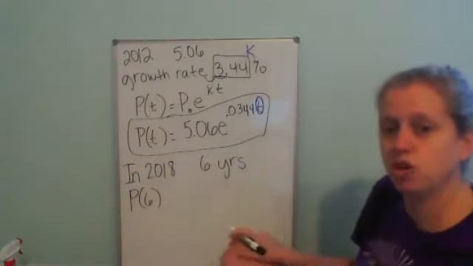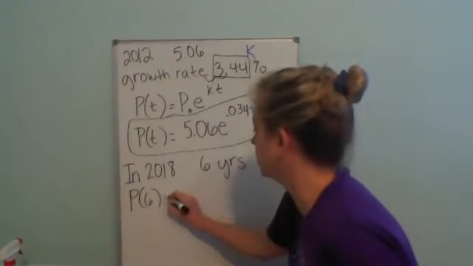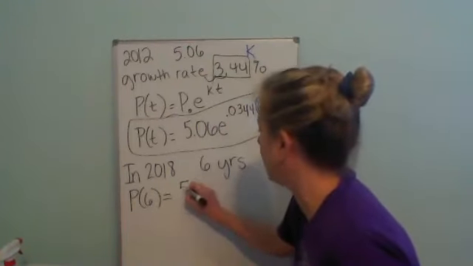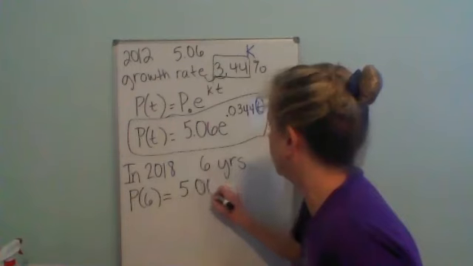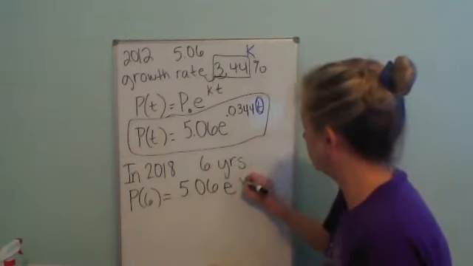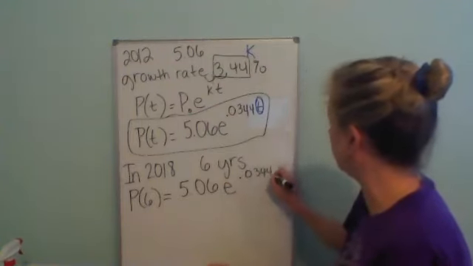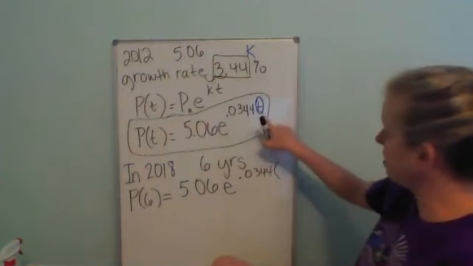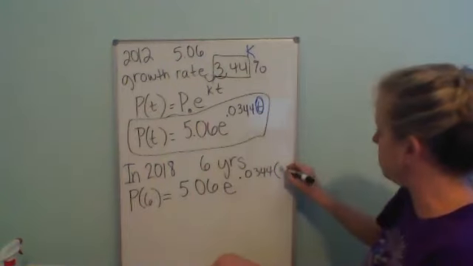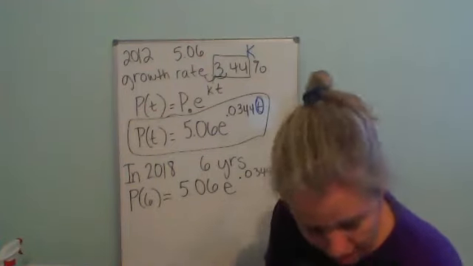What happens when you plug 6 in for that t in your formula? P of 6 would be 5.06 e, and the exponent up here is 0.0344 times 6, since t is 6. Now, you simply plug that into your calculator.